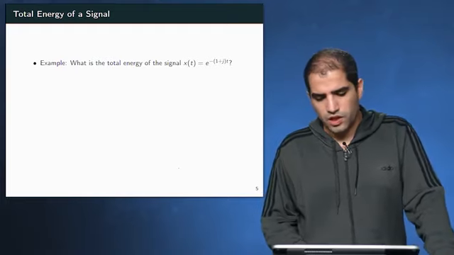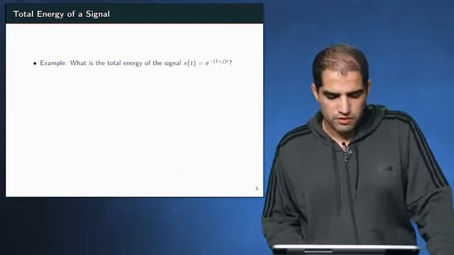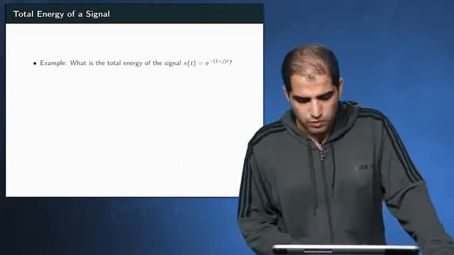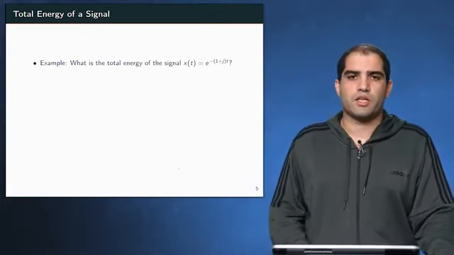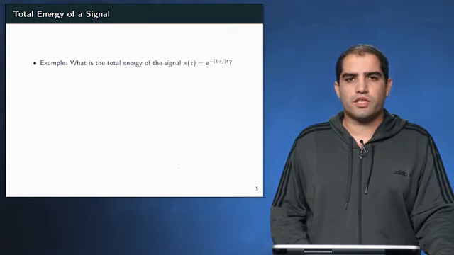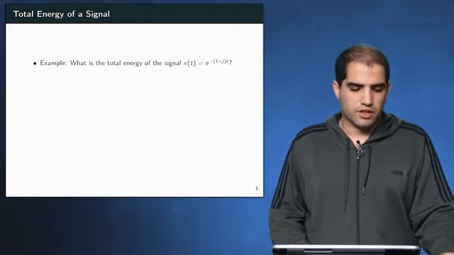So let's look at one example, where x of t equals e to the negative (1 plus j)t, and we are interested in computing the total energy of this signal.